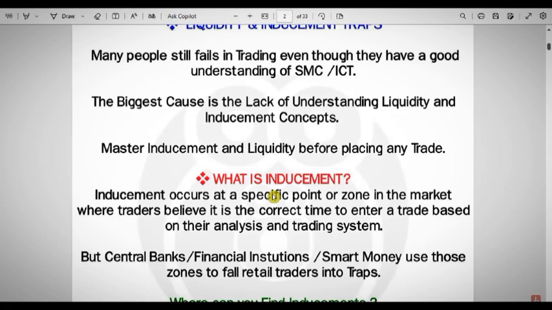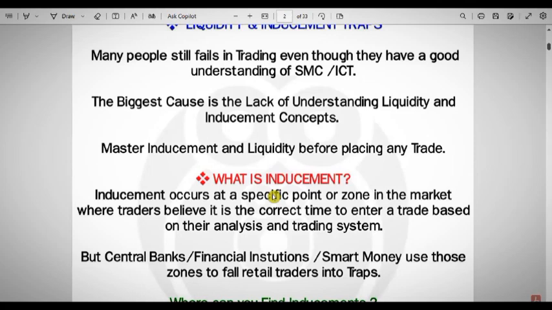Because that area was an inducement area. Okay, so you need to know what is an inducement area. How can I see the inducement area? Because if you really know where liquidity is, where inducement is, that's going to help you to actually know where is your valid point of interest. Where is your valid order block? Where is your valid fair value gap? Where is your valid breaker block? And whatever kind of entry model that you use.